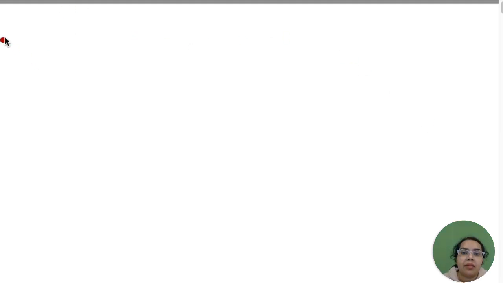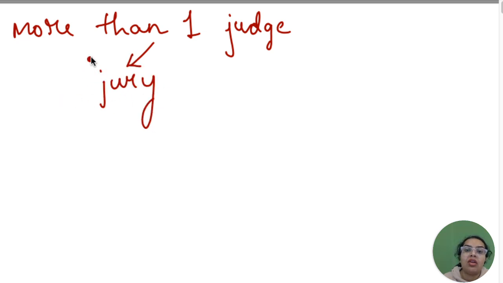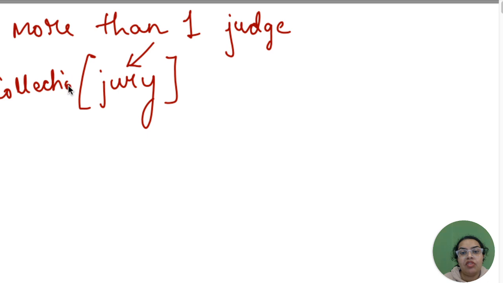I'll give you another example. Now, when I talk about more than one judge, so I have the word jury. Okay, let's say it is a panel of four judges, five judges. So, collective noun for this collection, what I'm gonna name it, jury. But I can have multiple sets of collections, no? So, I can have juries as well.